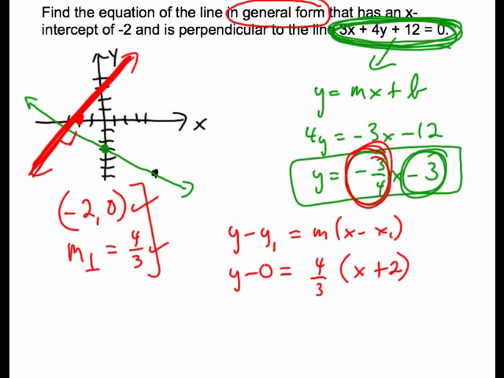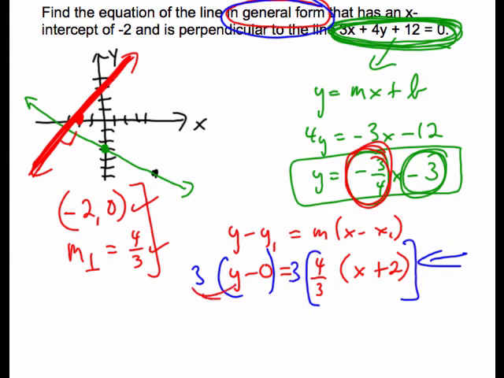Alright, now that I have my equation built, I'm going to finish it off by putting it in the form that I've been asked to put it in, general form, just by rearranging the equation. So I'm going to take my equation, I'm going to multiply both sides by 3 to clear the fractions. Okay, and so that's 3y equals, the 3's cancel here.